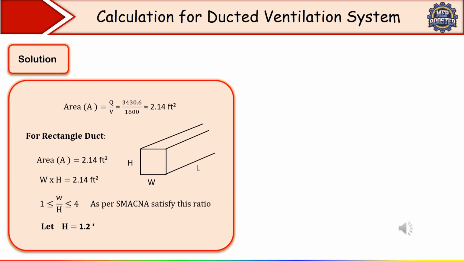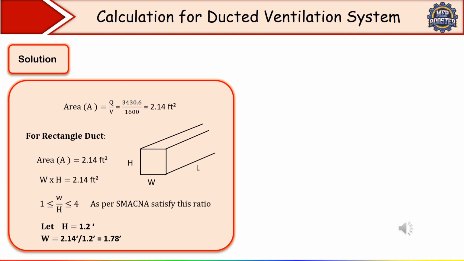If I have taken height 1.2, this height value we have to place in this equation, width into height, which we have calculated. Once you put the value of this height in this equation, you will get the width also.